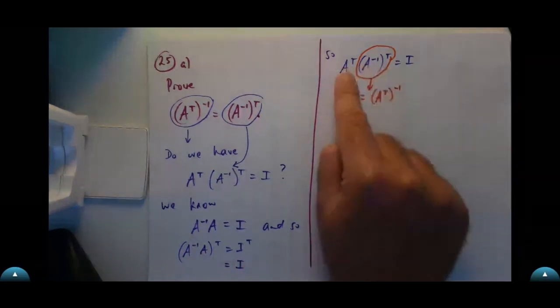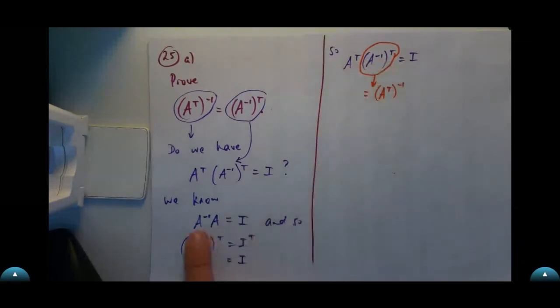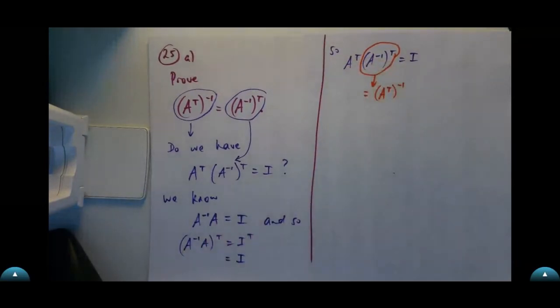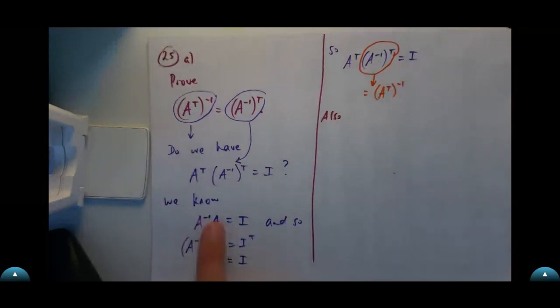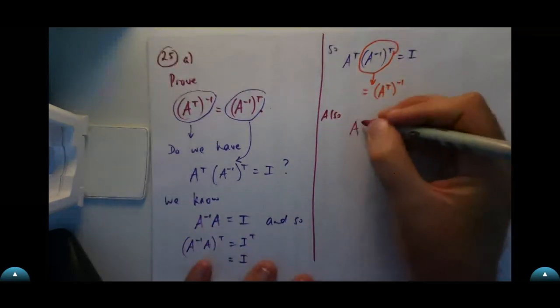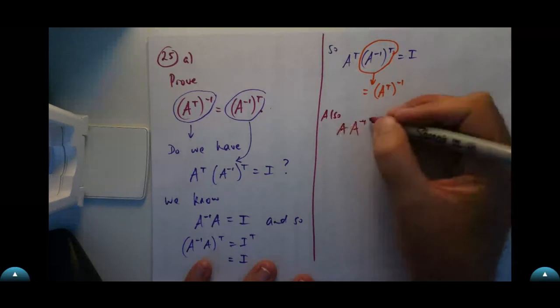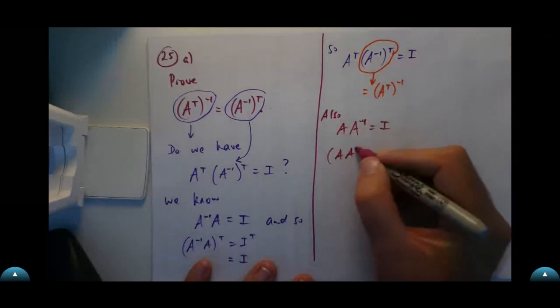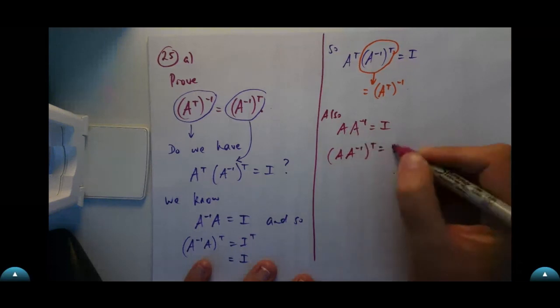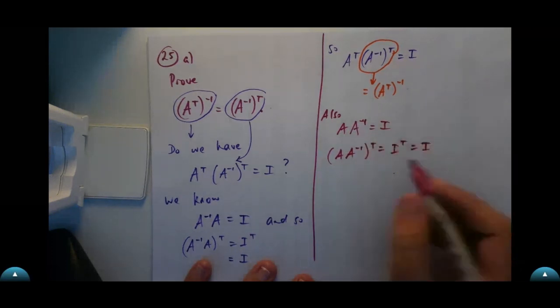Okay. Now, I've only done it one way in this example. You can do this the other way as well. So you just change the order here. Sorry, A times A inverse equals I, and you take the transpose of both sides. Right?